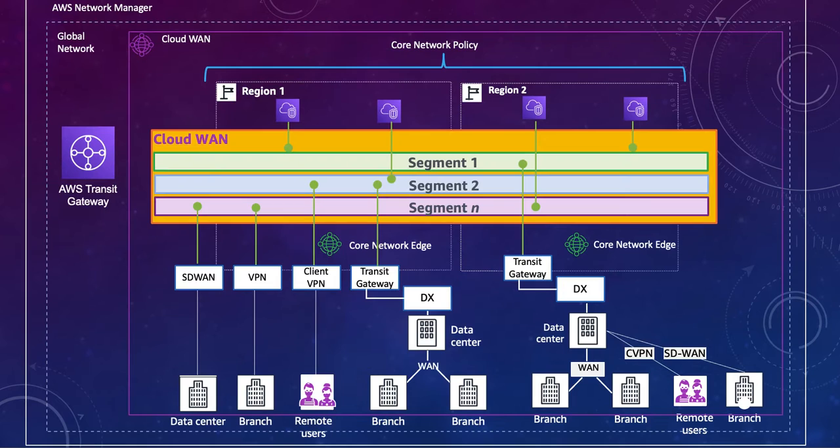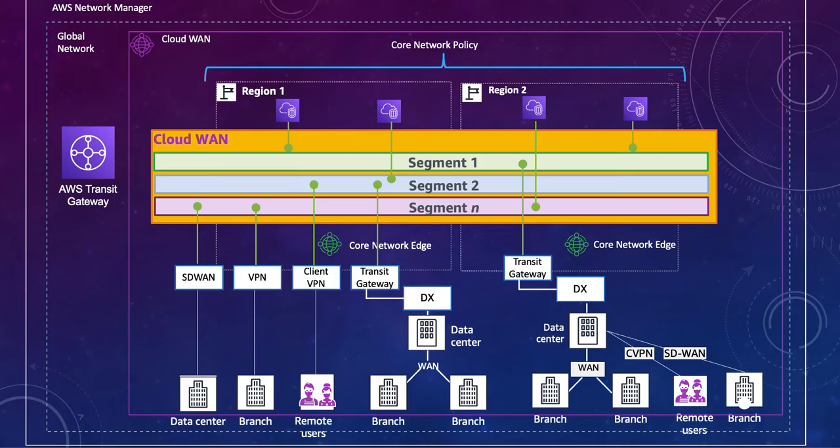So what is Cloud WAN? Cloud WAN is a managed wide area network service that makes it easy to build, manage, and monitor a global network that connects resources running across your cloud and on-prem environment. Like I'm showing in this diagram, you have Cloud WAN. In Cloud WAN you can create different segments.